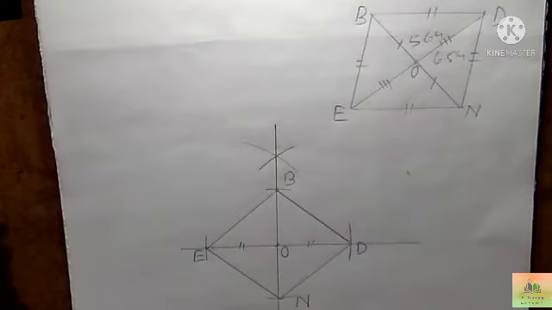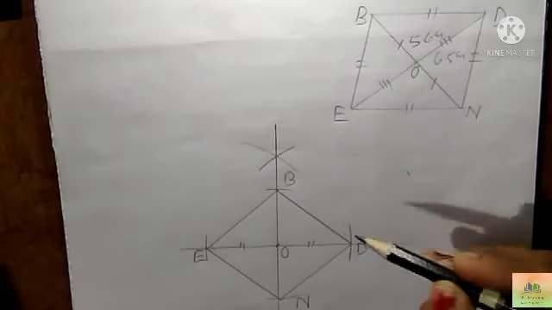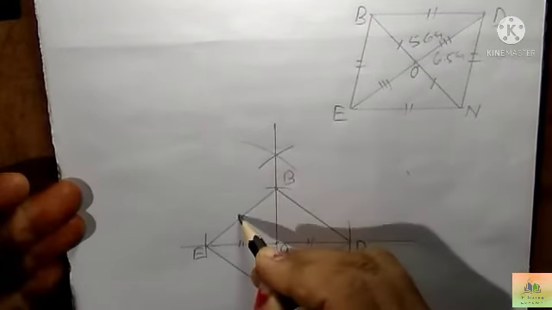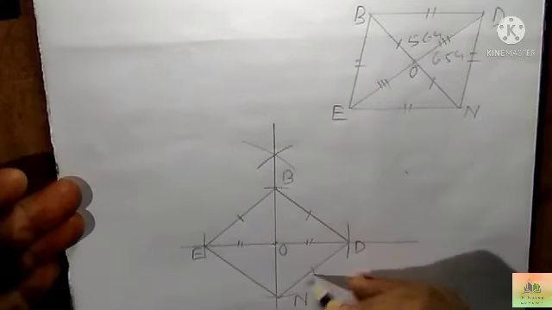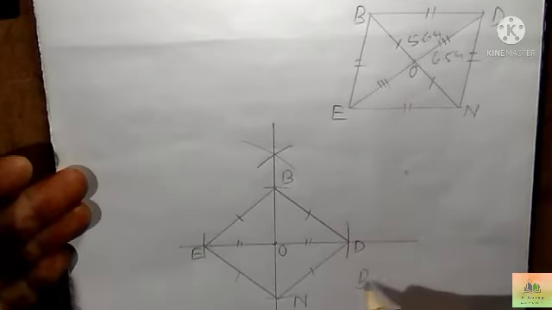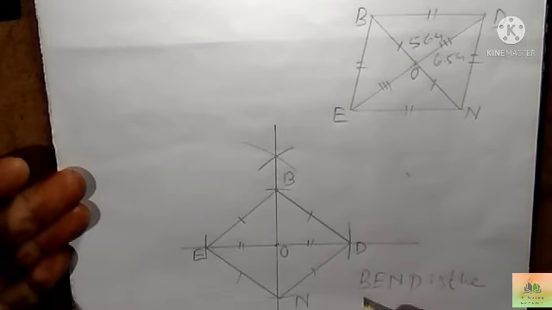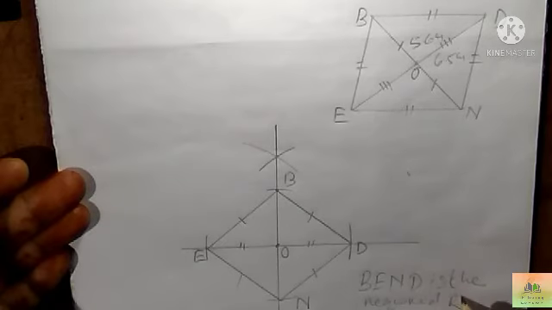Okay, so now BEND is the required rhombus, meaning all sides are equal. So we write here BEND is the required rhombus.